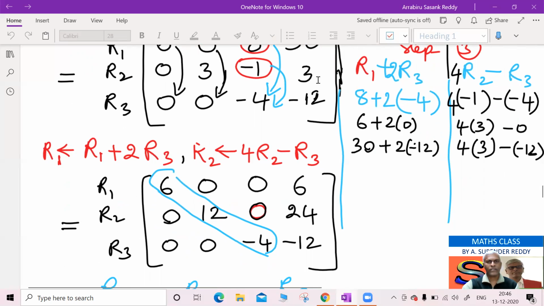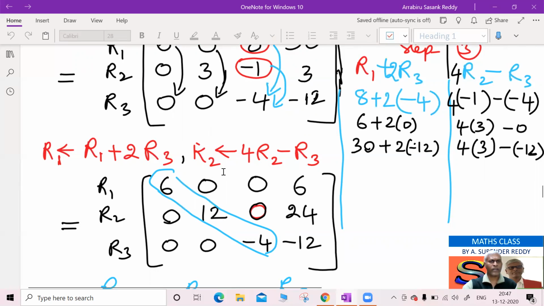And last 3 into minus 12, so 4 into 3 minus minus 12, plus 12, 12 plus 12, 24. The second row becomes 0, 12, 0, 24 by applying 4 R2 minus R3.